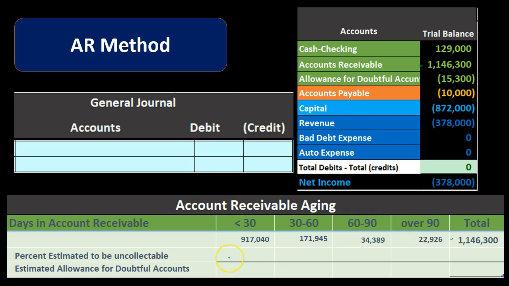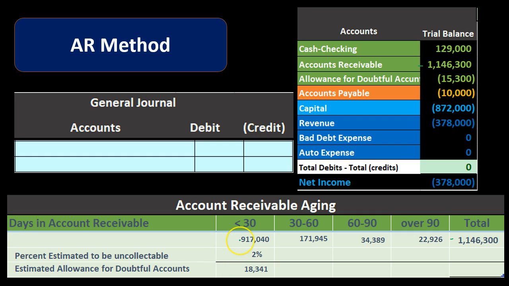Then we're going to come up with some type of reasonable estimate based on how old the debt is to calculate how much will be uncollectible. So if this is current or 30 days past due, we're going to say that 2% of it we think is going to be uncollectible. If it's current, then not very much of it will be uncollectible. We're hopeful that we're going to collect most of it.